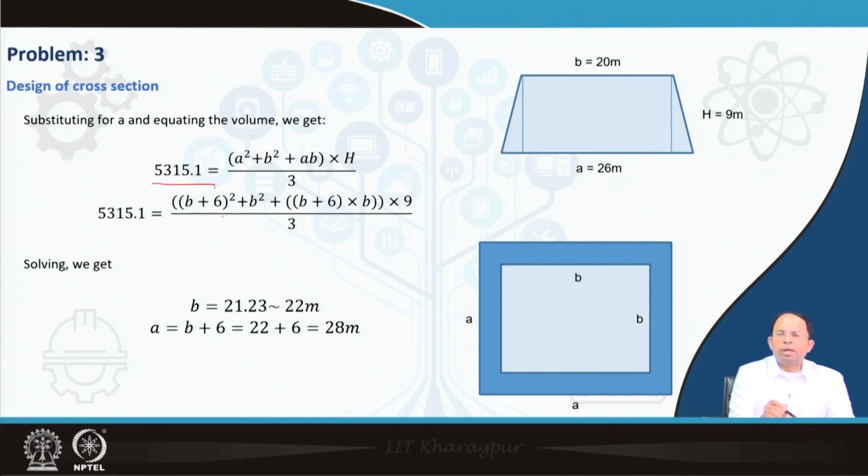Because a is b plus 6 because of the slope. So in that case, we can calculate the value of b, which comes to around 22 meter, and if b is 22 meter, obviously a would be 28 meter. So that gives us an idea about the shape profile of this particular landfill site.